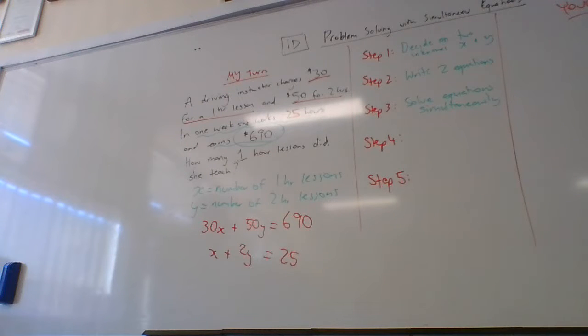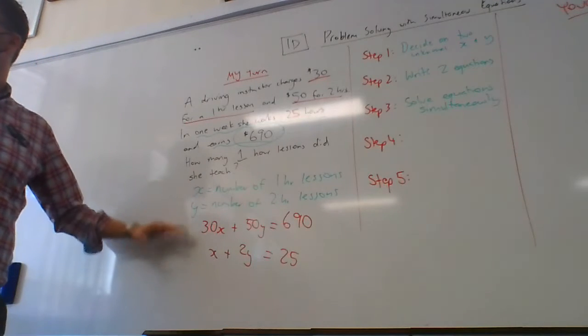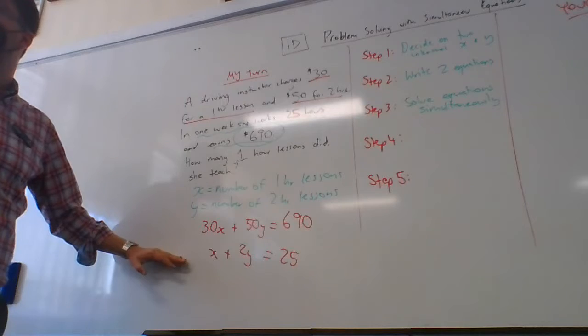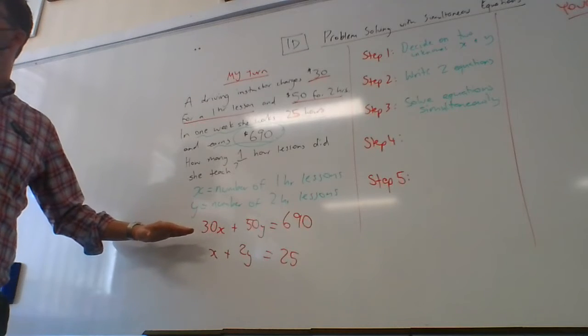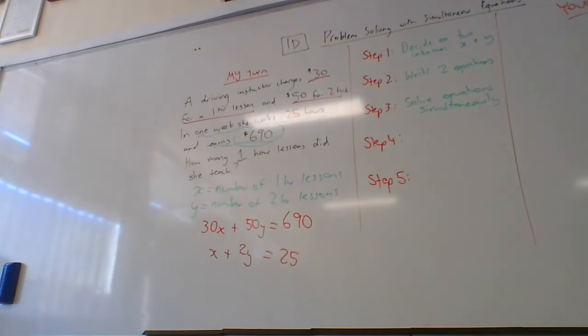If I were you, I'd do the most efficient method. You could graph it by drawing it up, sketching it, but I think that's slow. The most efficient way to solve these simultaneous equations, if they're both in general form, is your calculator. All right, let's pull out our calculator. Which part of our calculator are we going to be reaching for? Equation solver, I hear from the back of the room.